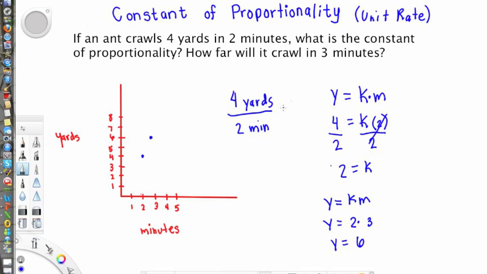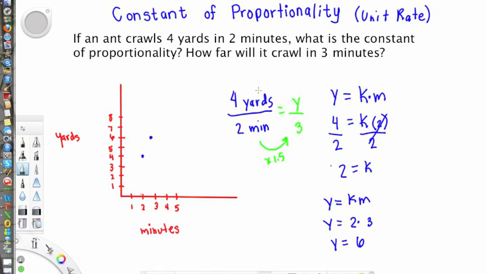And we could have even done this by setting up a proportion here. We would have just said, okay, 4 is to 2 as some number of yards is to 3. And we'd say, hey, well, if we're going from 2 to 3, what is that? We're multiplying by 1.5.